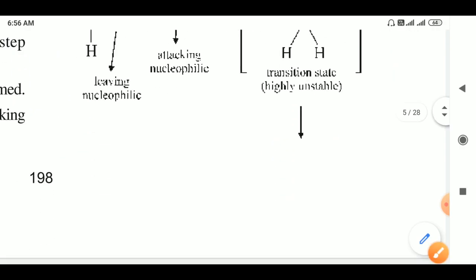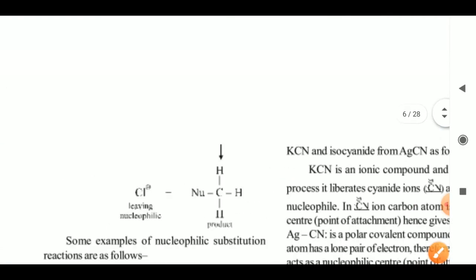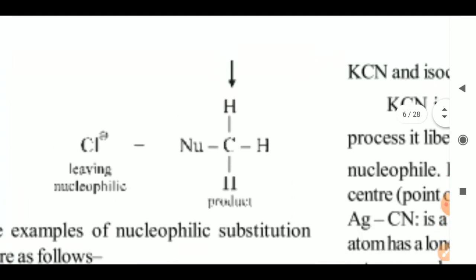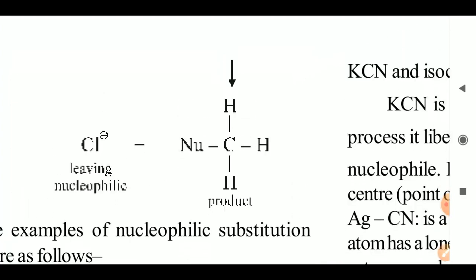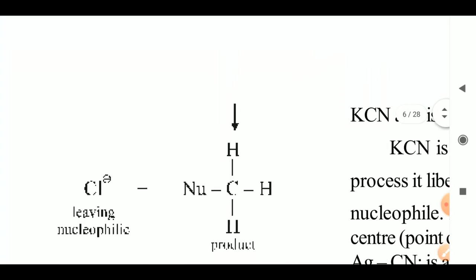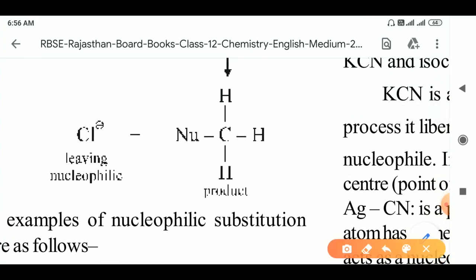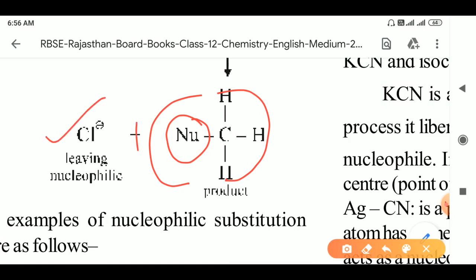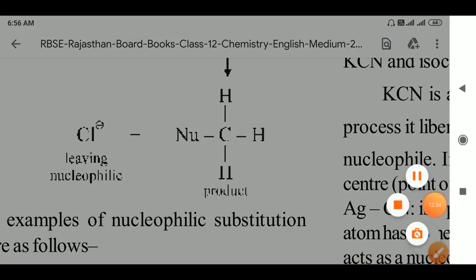After this transition state, there is formation of the product, where the nucleophile is attached here. That is inversion of configuration: all three CH3 groups are present here, but in the reactant molecule they were present here. And Cl minus is removed as a leaving group. So the SN2 reaction is completed.